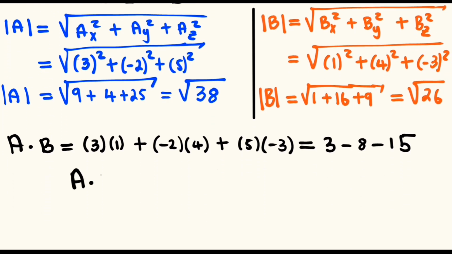Our A dot B will be equal to 3 minus 8, which is equal to negative 5, minus 15, which is equal to negative 20.